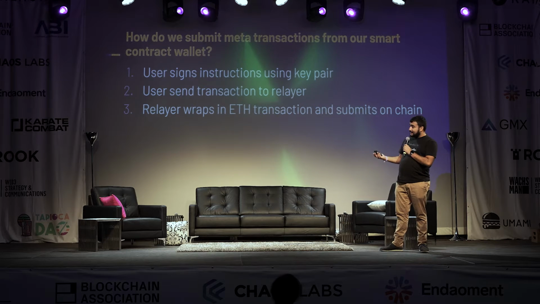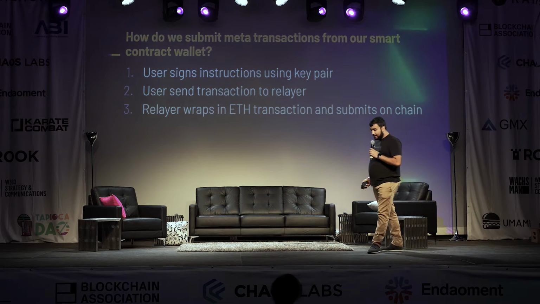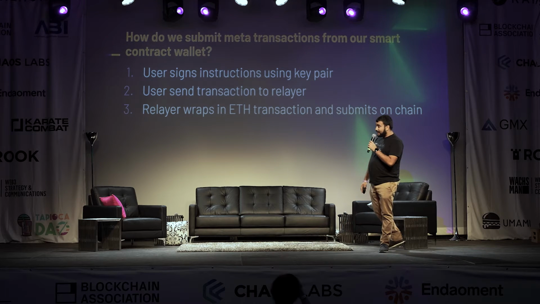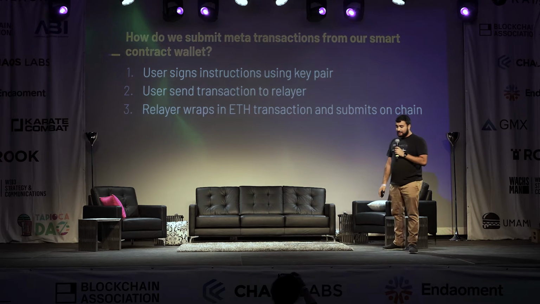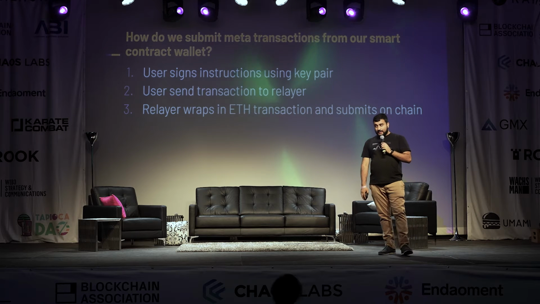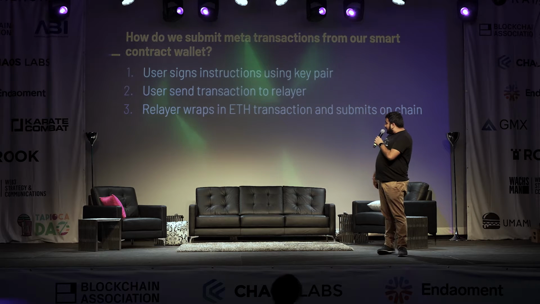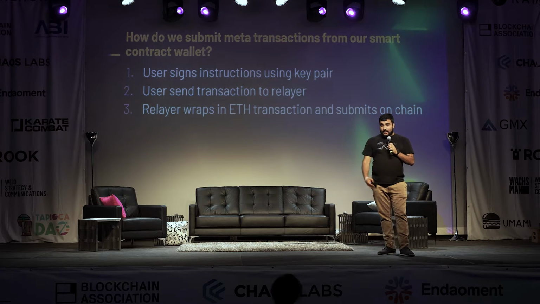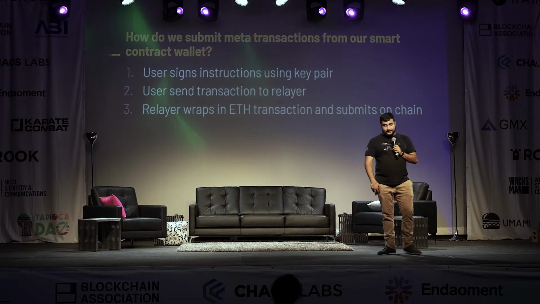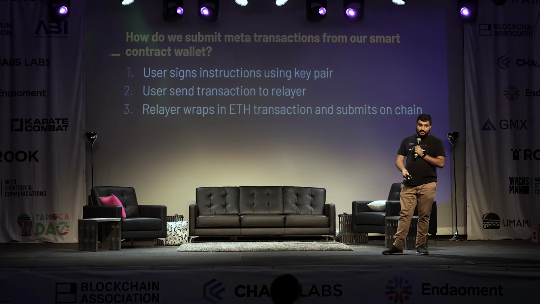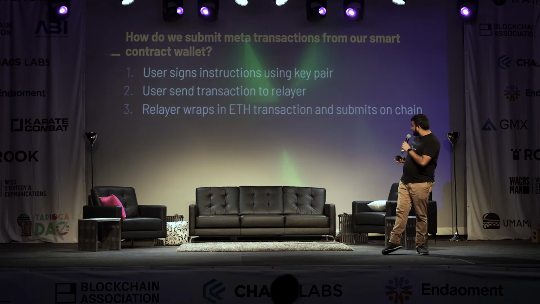We could take a set of instructions for the smart contract wallet to do, sign that with a private key, similar to how you'd sign a regular ETH transaction. But rather than submit it yourself, you'd submit it to a relayer, which would wrap it in a regular ETH transaction and submit it on chain.